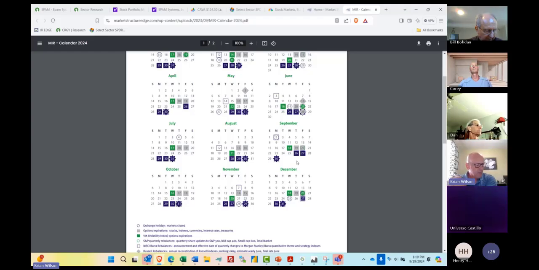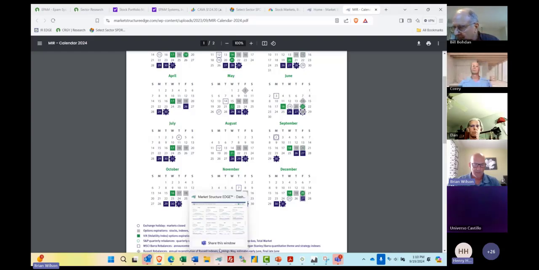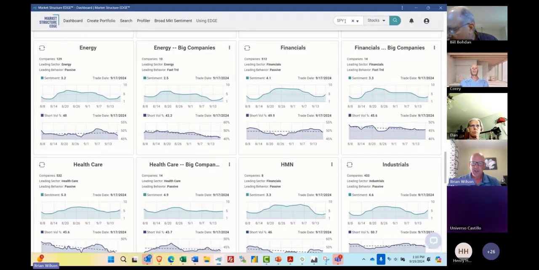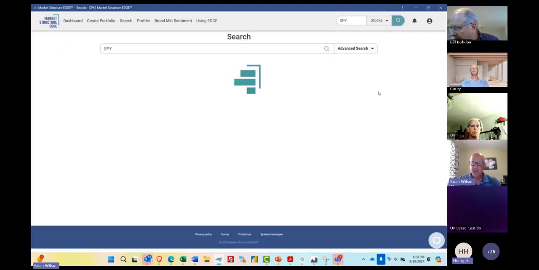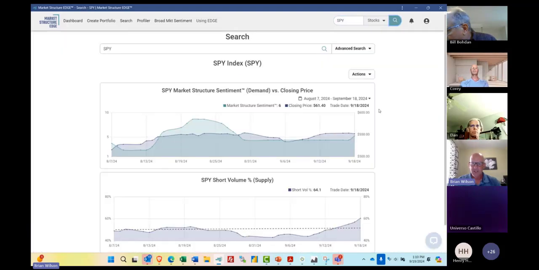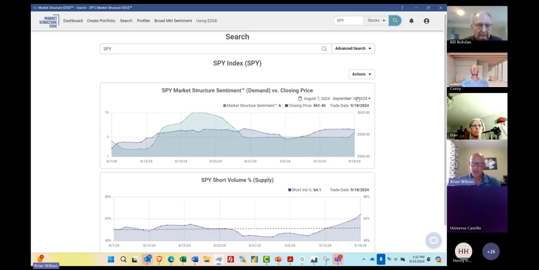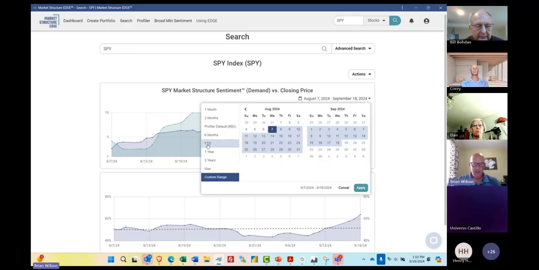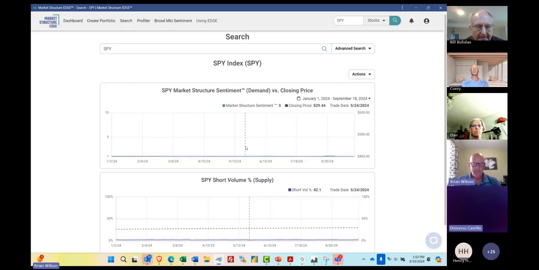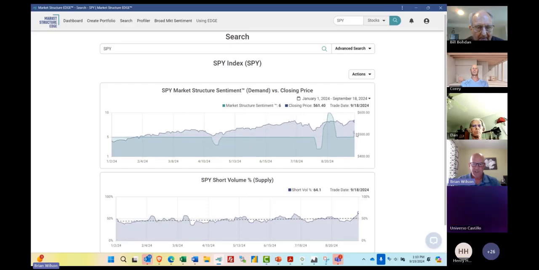I mentioned earlier the SPY look in terms of sentiment rising for SPY. That's good, but let me shift back there for those that maybe weren't there at the beginning of our discussion. What generally happens, and I'll show you once again the year-to-date look, is when SPY rises above 5 from a sentiment perspective, which it's doing right now and has only happened one time this year, it tends to flatten out increases.